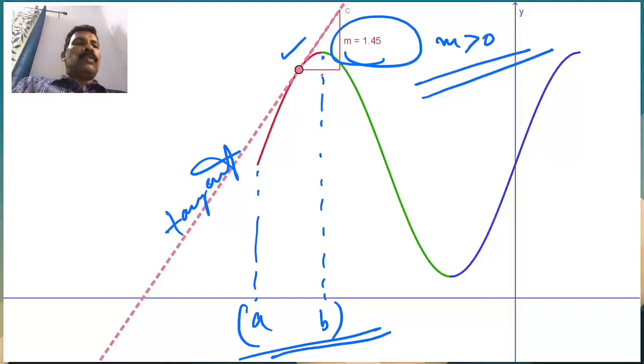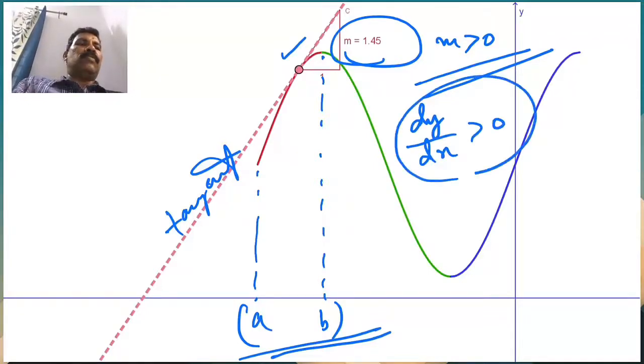Positive slope means the derivative dy by dx is positive, because according to geometry it is slope, and according to calculus it is the derivative. According to geometry, the slope of the tangent means the derivative in calculus. So there is a close connection between them.